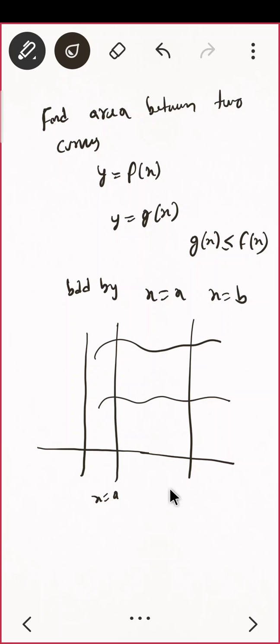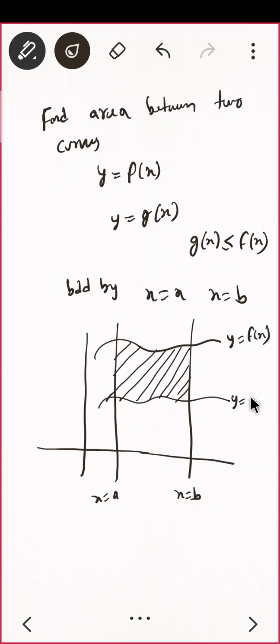Is that okay? What are you asked to find? You're asked to find this area between these two curves. So can somebody tell me what this will be? This is y equal to f of x and this is y is equal to g of x. Can you tell me what this thing will be?